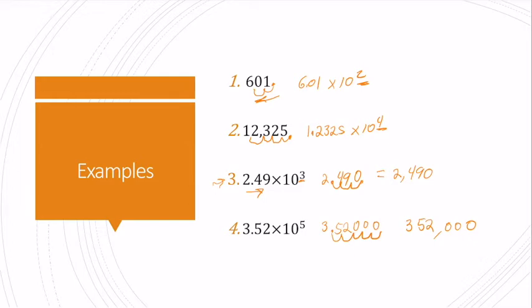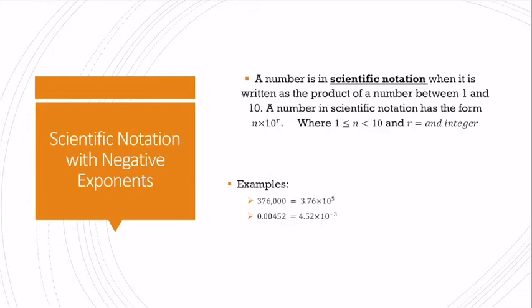One thing is, we don't always have whole numbers, right? These are whole numbers. Sometimes we have fractions which are represented as decimals, right? So this is when we would use scientific notation with negative exponents. Remember, negative exponents represent a fraction. So for example, if I had 10 to the negative 1, that's 1/10, which I could write as a decimal as 0.1.